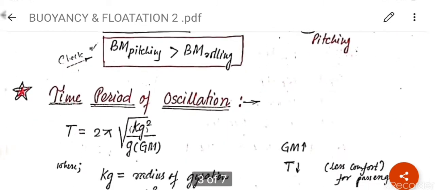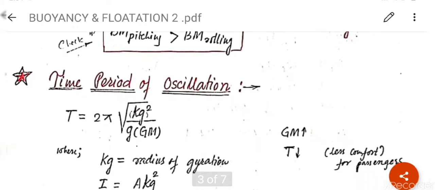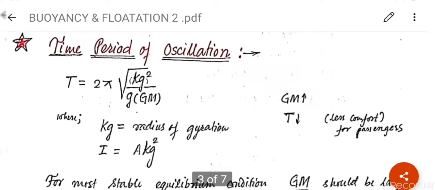Now, the next one is time period of oscillation. With what time period is it oscillating, a boat, ship, warship, etc.? So the time period formula is given as T equals 2 pi under root KG square upon g into GM, where KG is the radius of gyration.